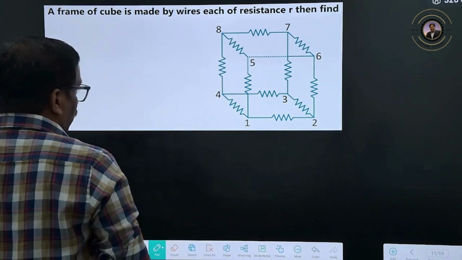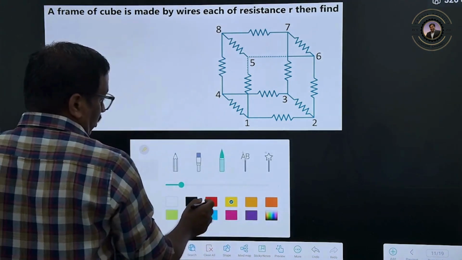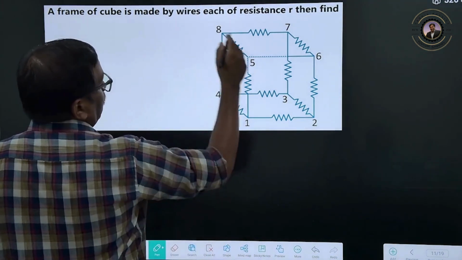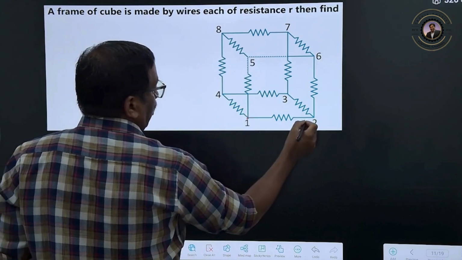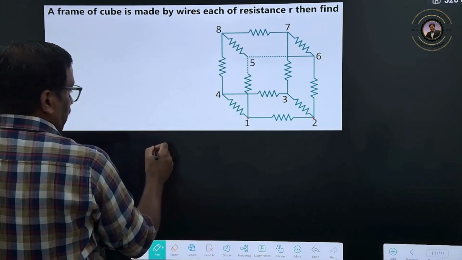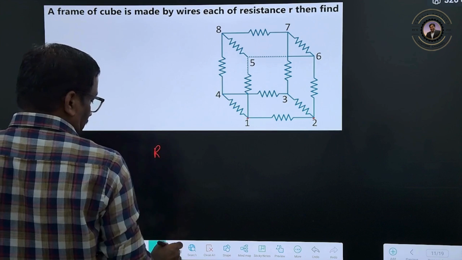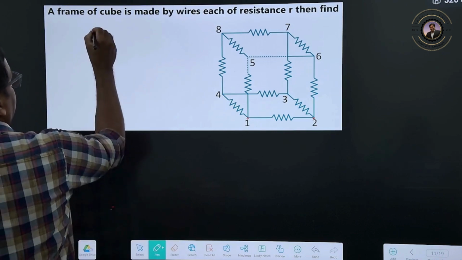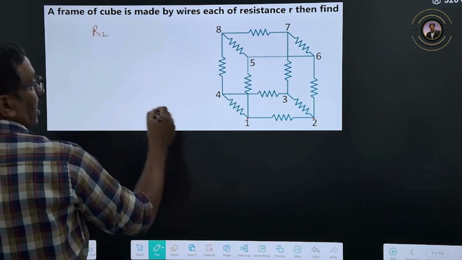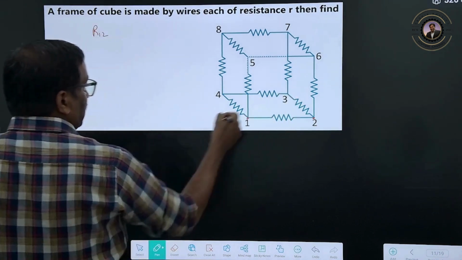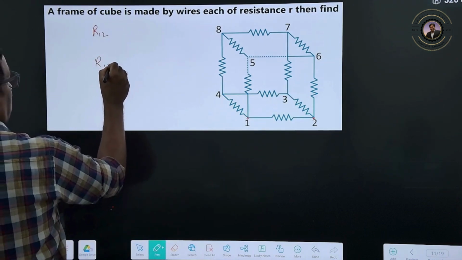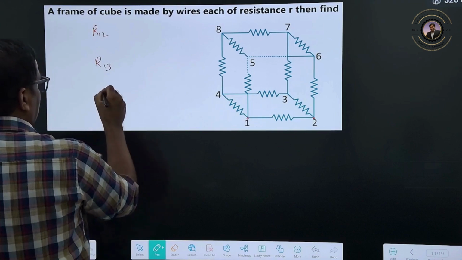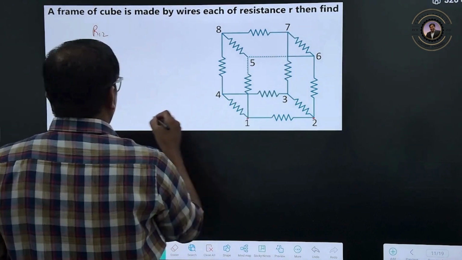First let us go across this. The first one is along the edge, so resistance along 1 2, which I will write here. They may also ask along the face diagonal, which is 1 3, and the main diagonal, which is 1 7.